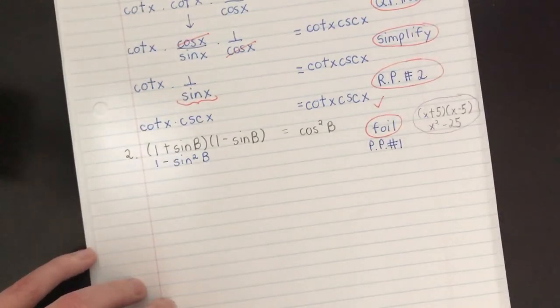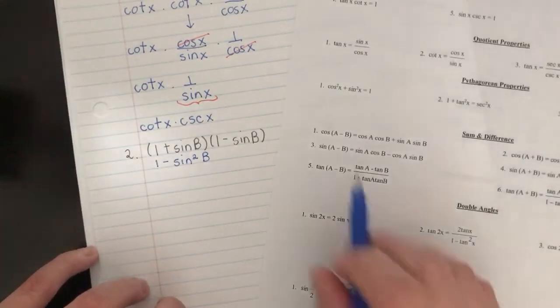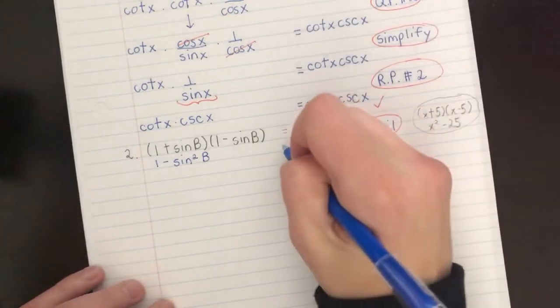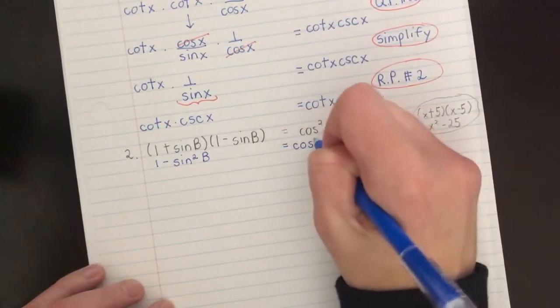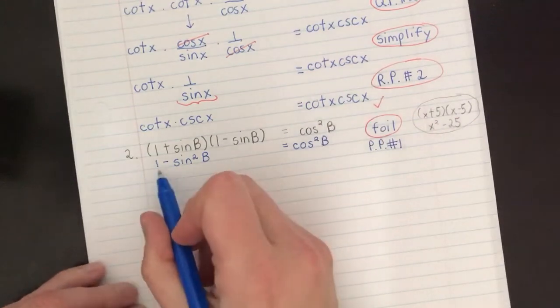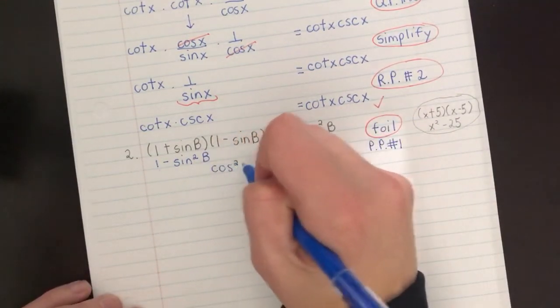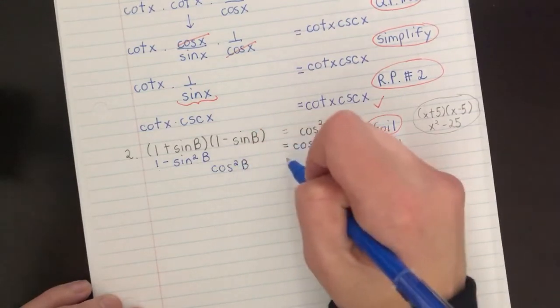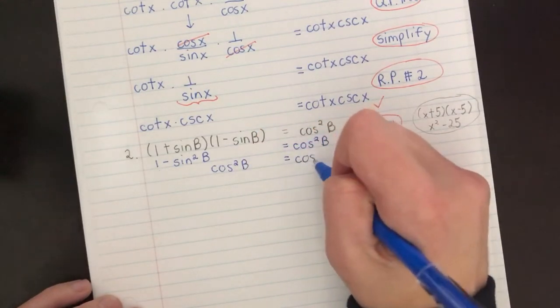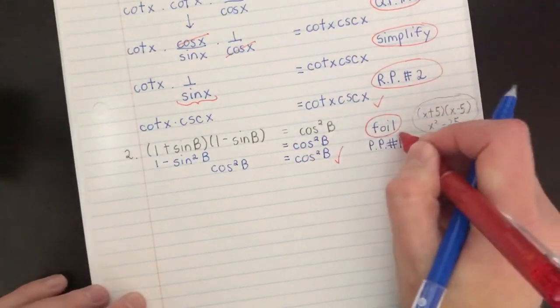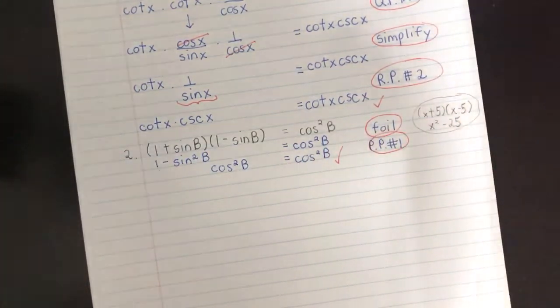If you had 1 minus sine squared of b, that would be equal to cosine squared, so cosine squared of b, not x, since we're using b. So it equals cosine squared of b. Check and check. So we're done with number 2 already.